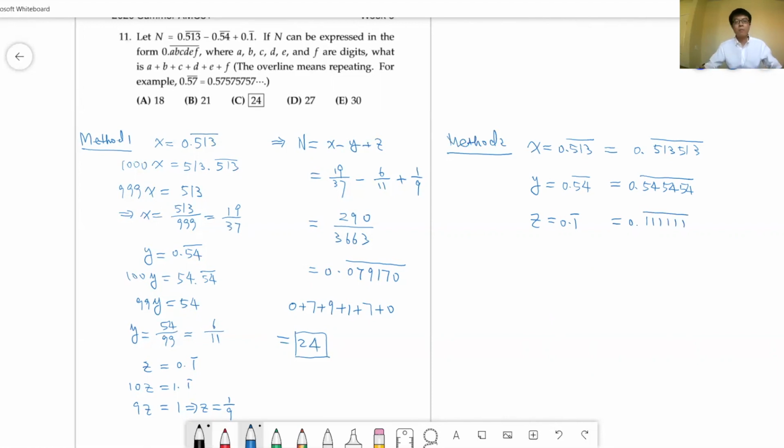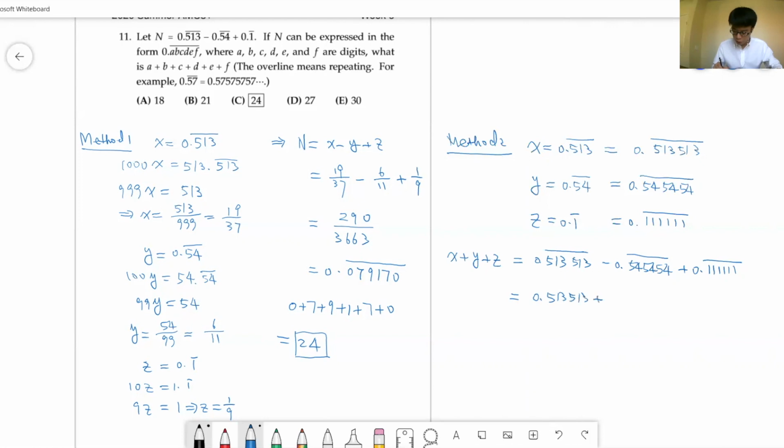So now they have the same number of digits, and we can do the calculation easily. x minus y plus z is 0.513513 minus 0.545454 repeating plus 0.111111 repeating. And basically we can change the order to simplify the calculation.